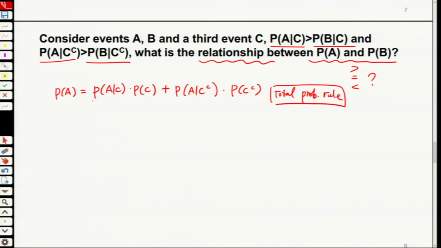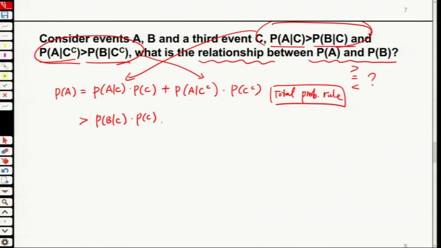So based on this total probability rule, we have this relationship, right? Let's just replace it. Let's put this one here, this one here. So this will be greater than probability B given C times probability C, and plus probability B given C complement times probability C complement.